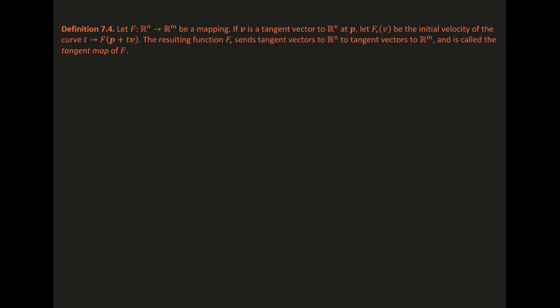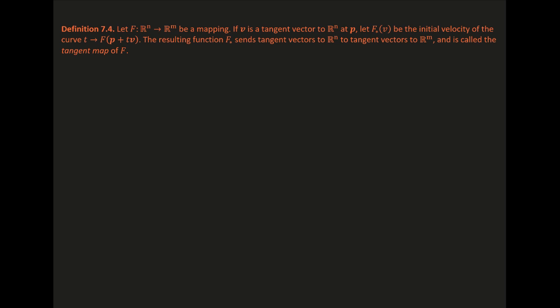Now we define tangent maps. Let f be a mapping from Rn to Rm. If v is a tangent vector to Rn at the point P, then we'll call f star of v the initial velocity of the one-parameter curve f of p plus tv.